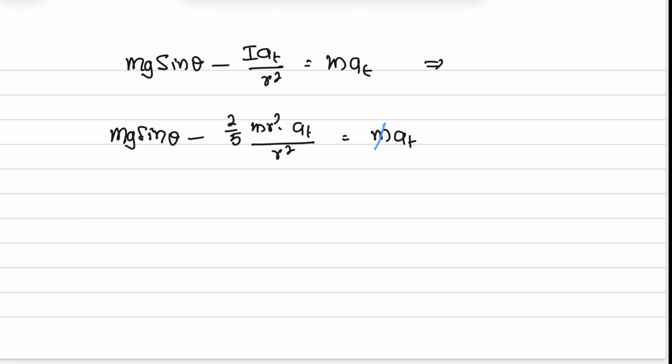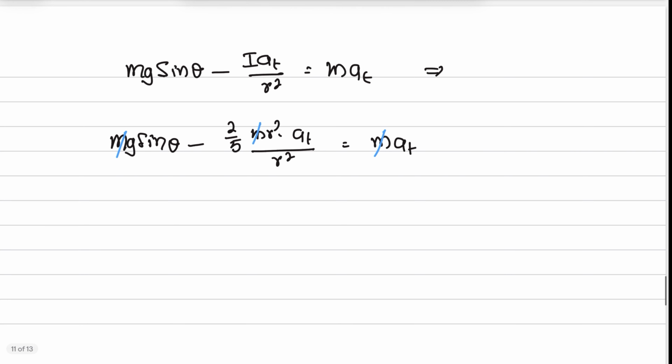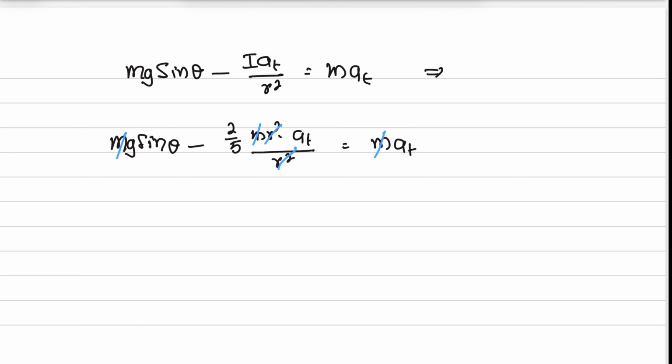Now we will cancel m here. R square we will cancel. At is equal to g sin theta minus 2 by 5 At.